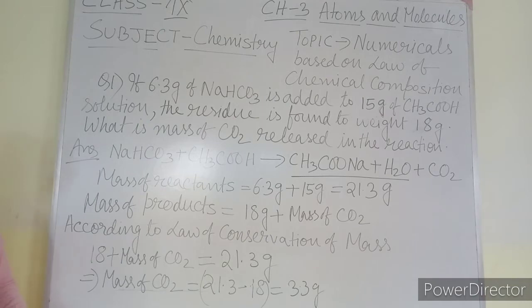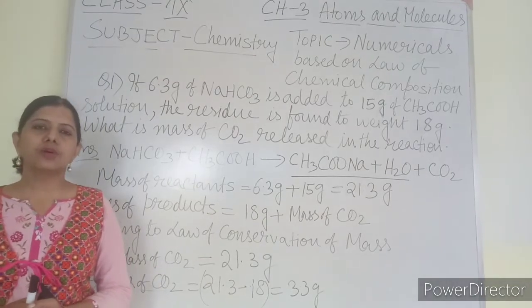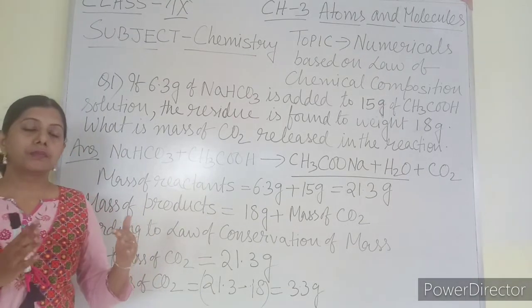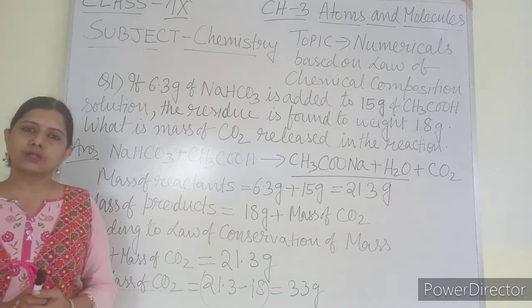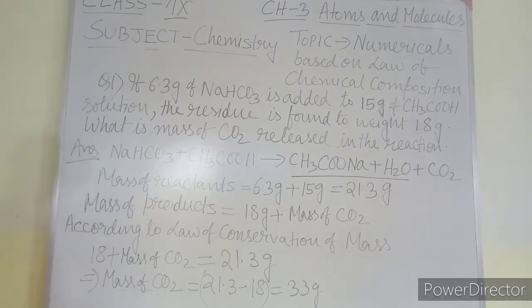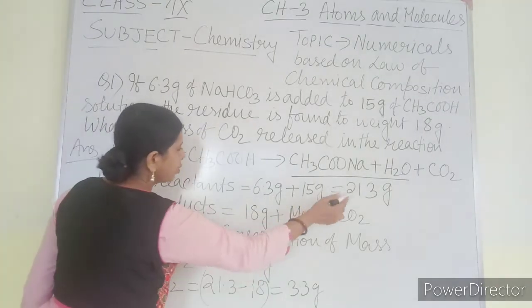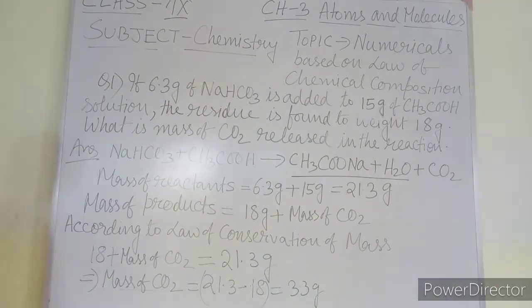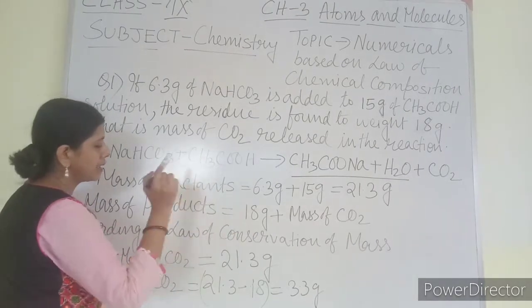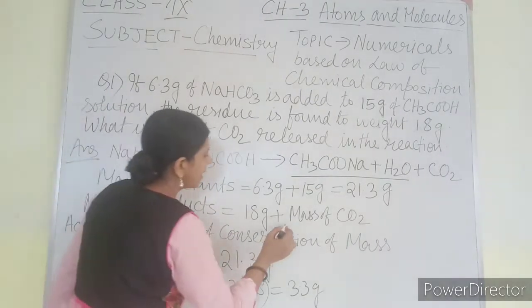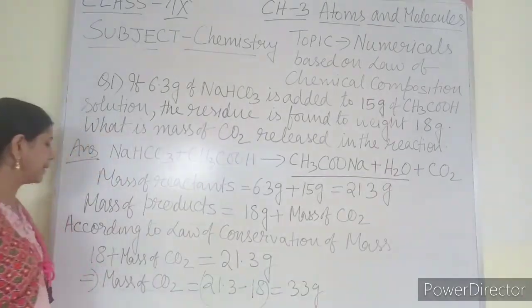Now, according to the law of conservation of mass, mass of reactant is equal to mass of product. So mass of reactant is 6.3 gram plus 15 gram, equal to 21.3 gram. Mass of product is what? 18 gram is the mass of residue, and the mass of CO2 I have to find out.